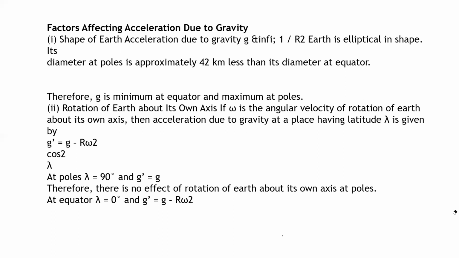So in the above step what I said here, due to the shape, at the poles it is maximum and at the equator it is minimum. Similarly, due to the angle also you can conclude that at the poles it is maximum because it is only G dash is equal to G, means G dash is equal to 9.8. But at the equator it is G minus R omega square, so it depends on the rotation, the omega value.